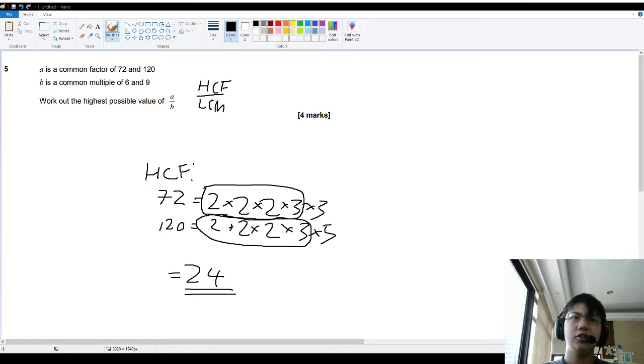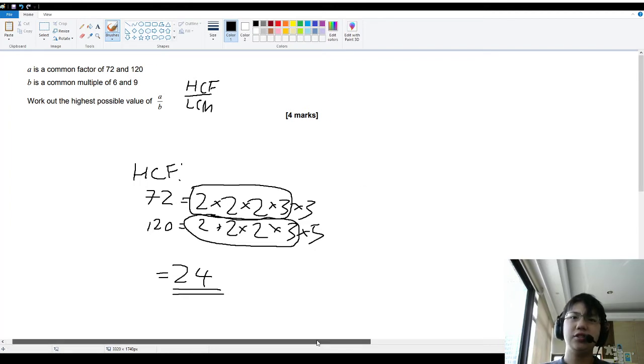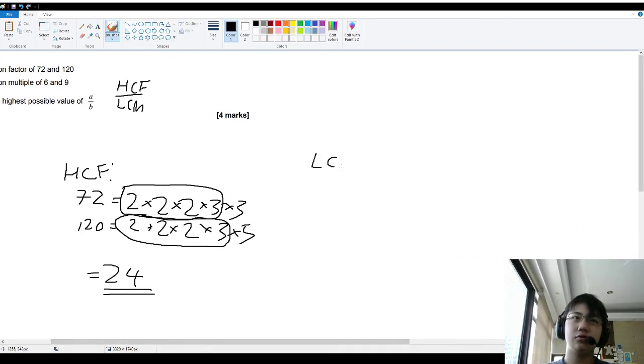Next, we find the lowest common multiple of 6 and 9. To find this, we are going to use prime factors yet again. So 6 is 2 times 3, while 9 is 3 squared.